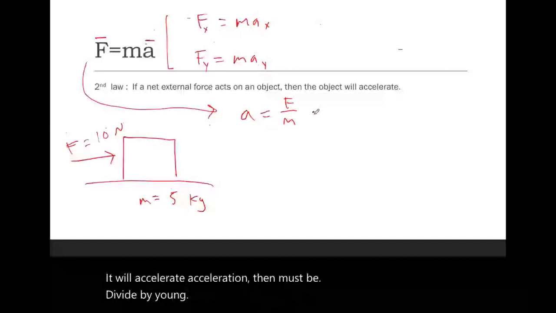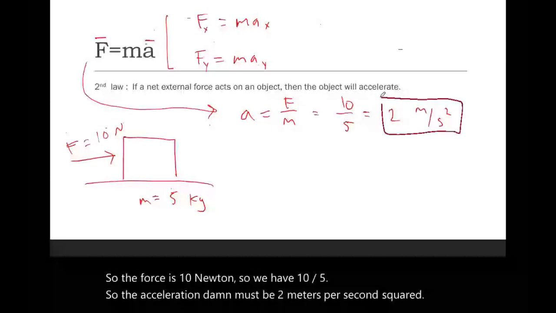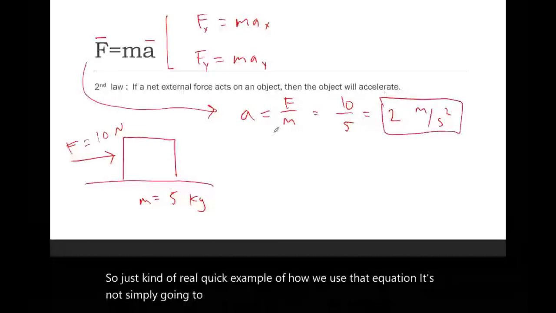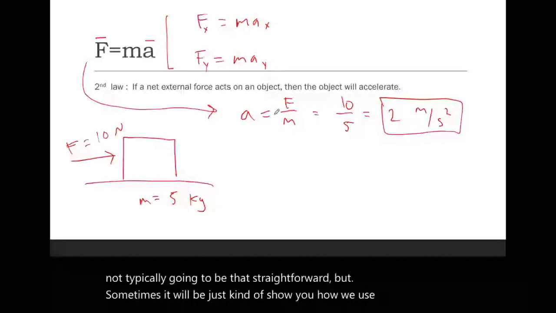So the acceleration must be 2 meters per second squared. Okay, that's it. Just a real quick example of how we use that equation. It's not typically going to be that straightforward, but sometimes it will be.